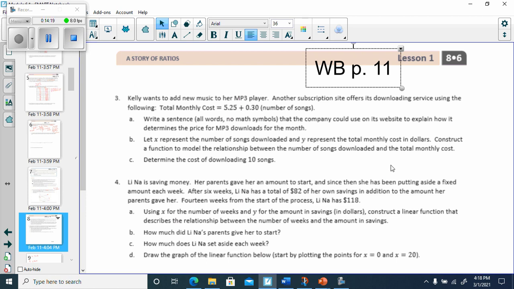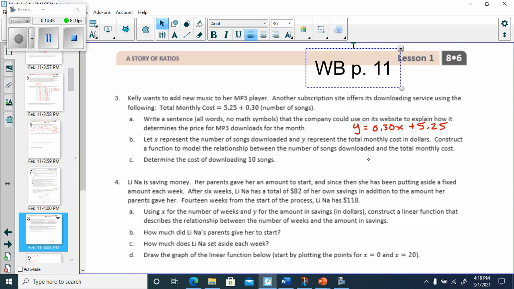Okay, go to number 3 on page 11. Kelly wants to add music to her MP3 player. Another subscription site offers downloading services that looks like this. Total monthly cost is $5.25 plus 30 cents per song times number of songs. Wouldn't that be equal to y is equal to 30 cents per song times your number of songs plus $5.25?